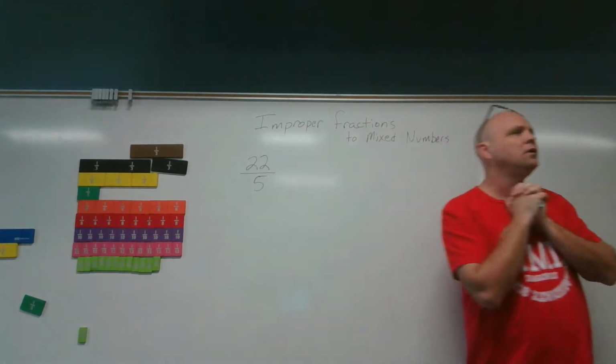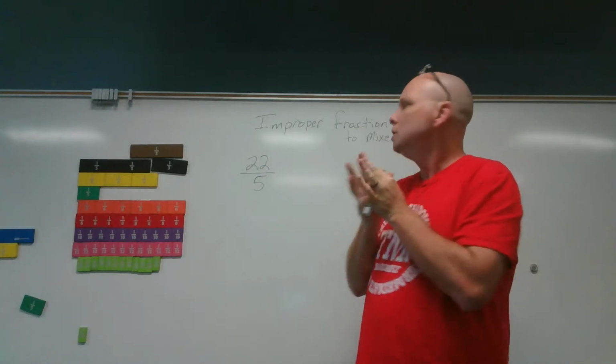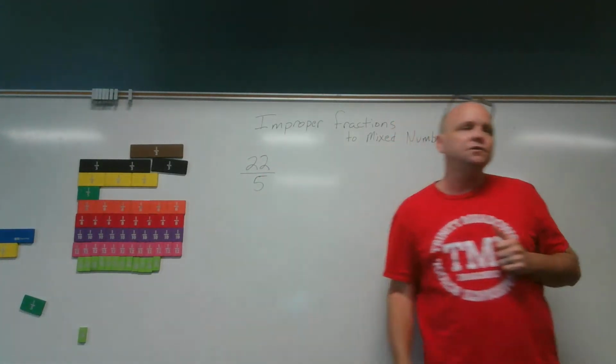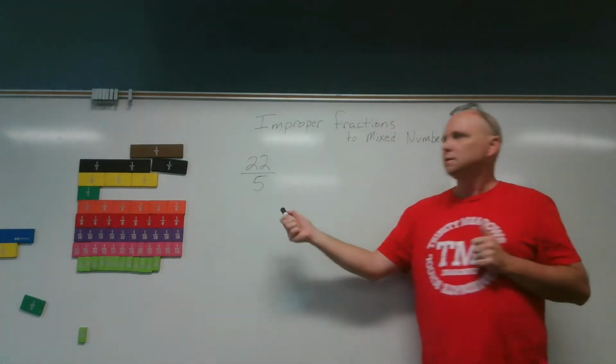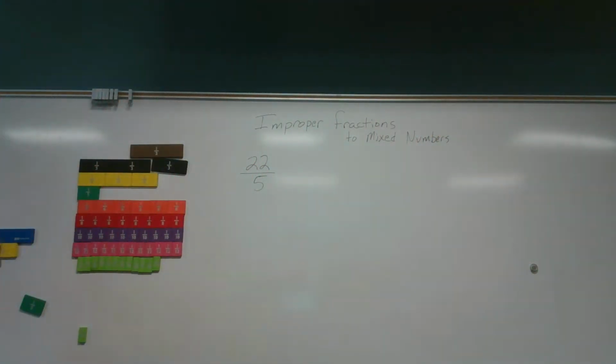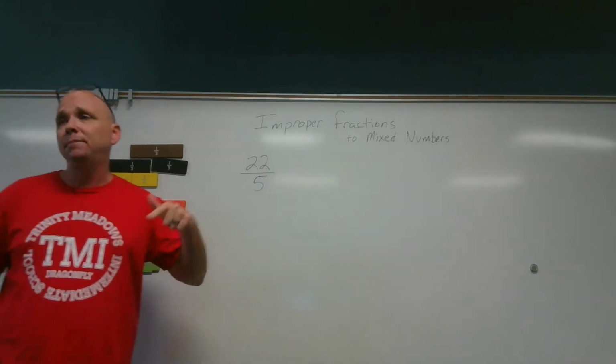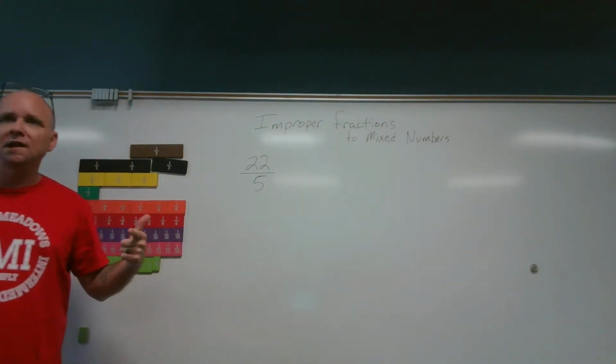You have a whole number and a fraction part. So what we're going to learn today is we're going to change an improper fraction, which is 22/5, and we're going to change it so that it has a whole number and a fraction. Some of them can be just a whole number, and I'll show you an example of that.